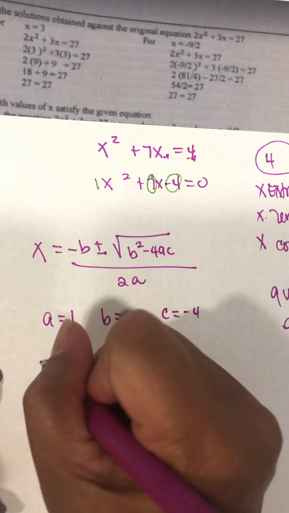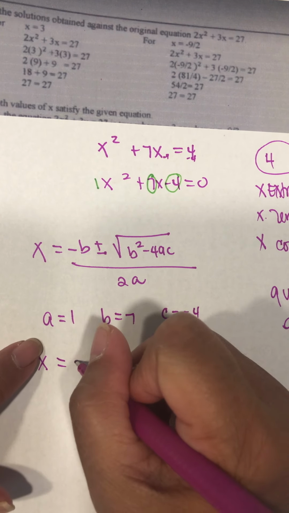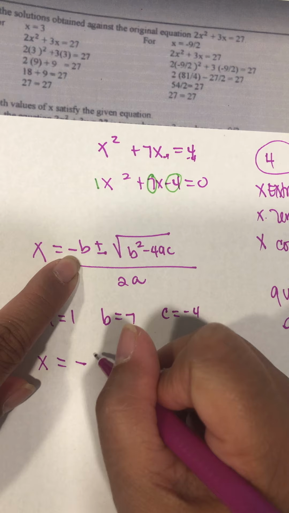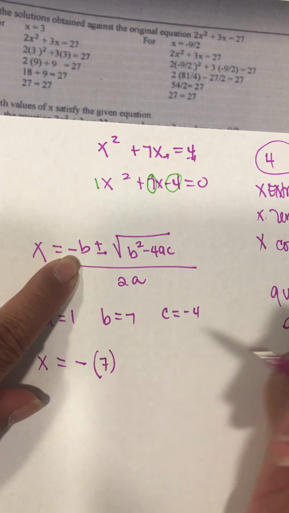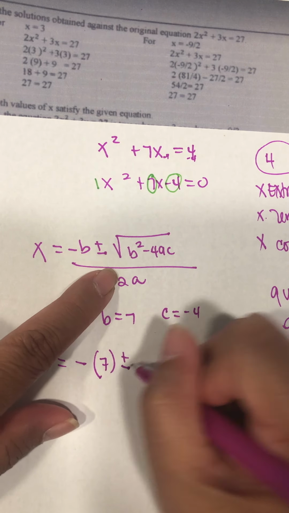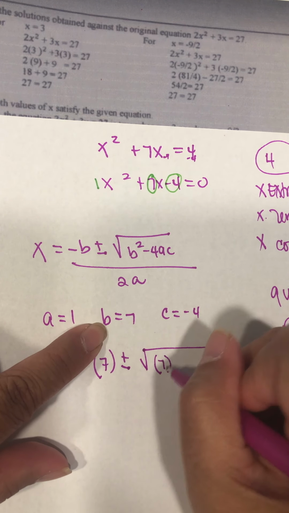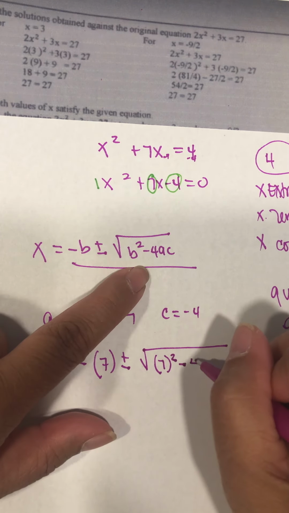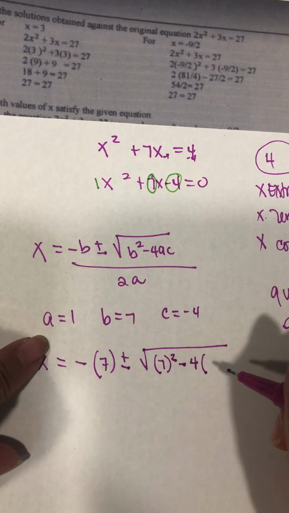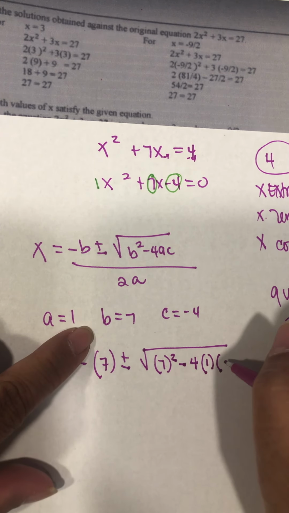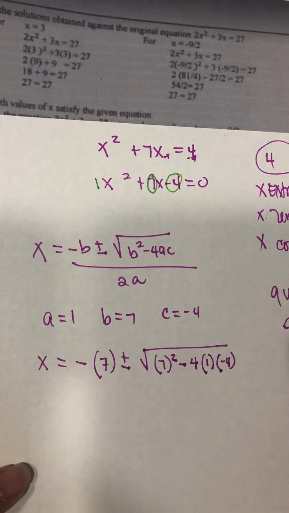Now your x is equal to negative b, 7, plus or minus the square root of, what is b? 7, squared, minus 4, what is a? 1, what is c? Negative 4. See, very easy.